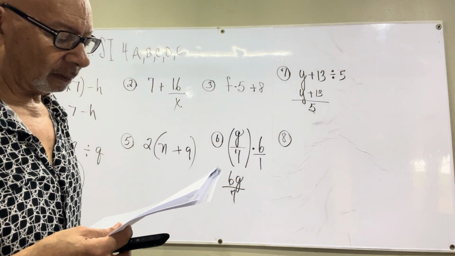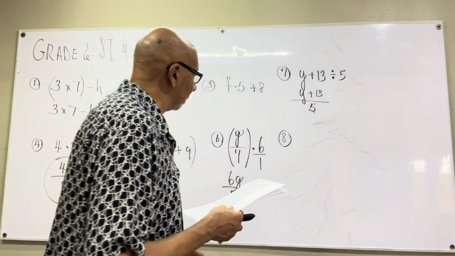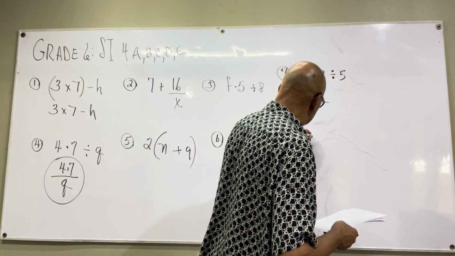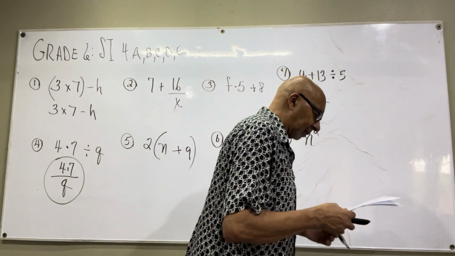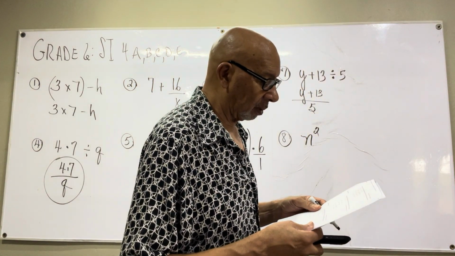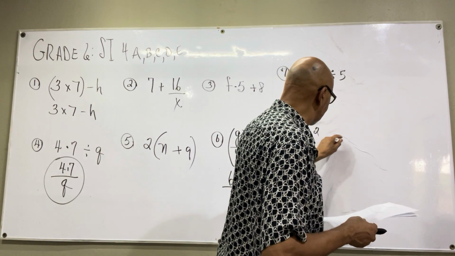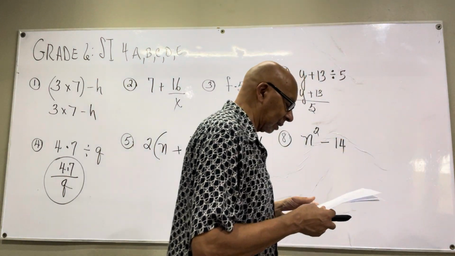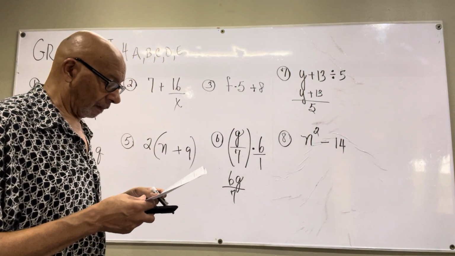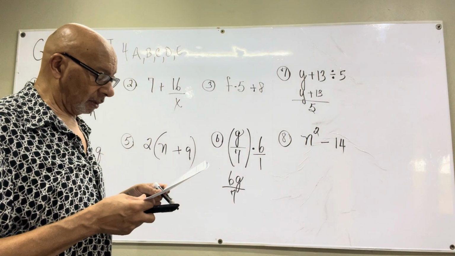The square of a number. So let's say we have a number n squared. The square of a number minus 14. N squared, take away 14. That's what that says. Last one. Subtract m from 7.